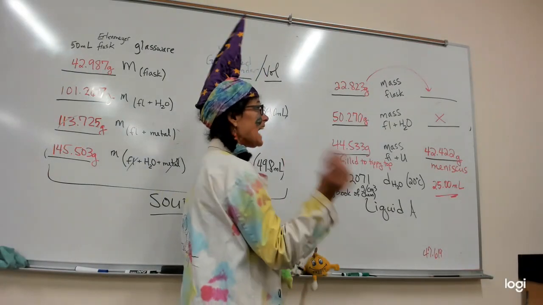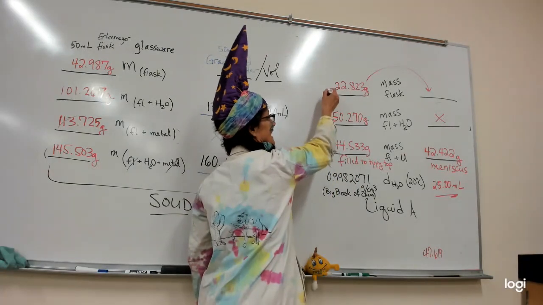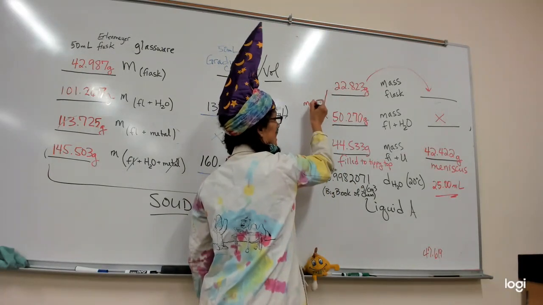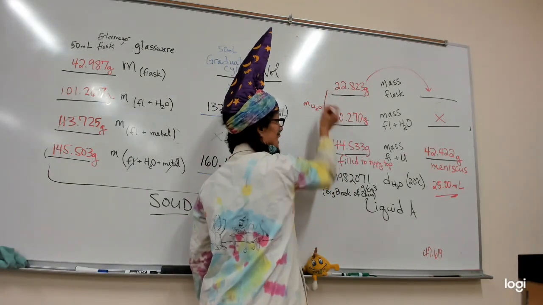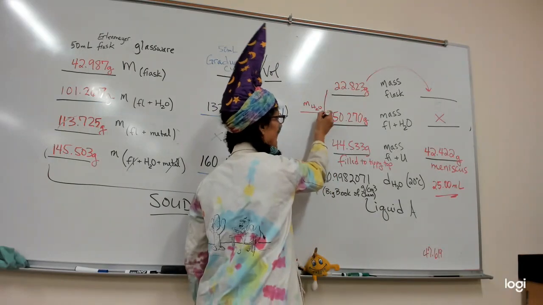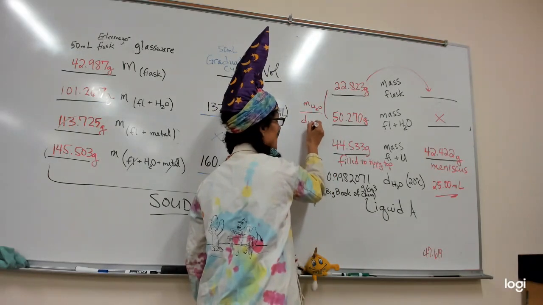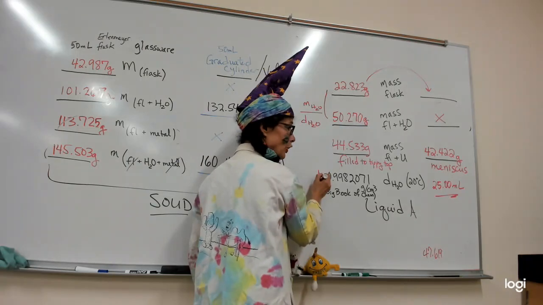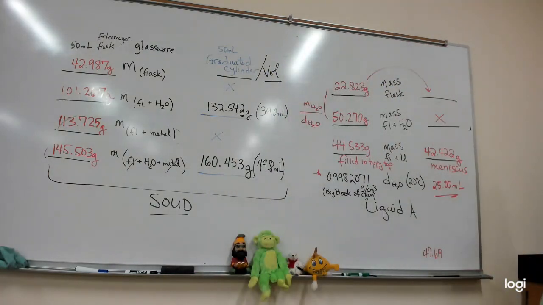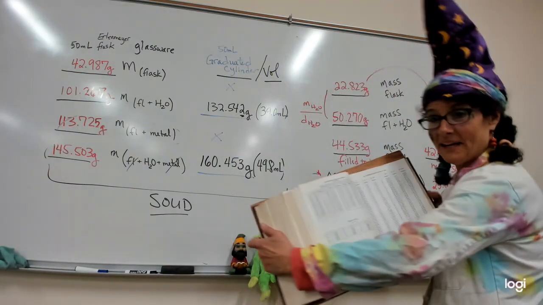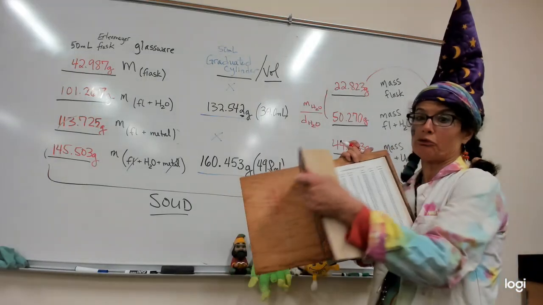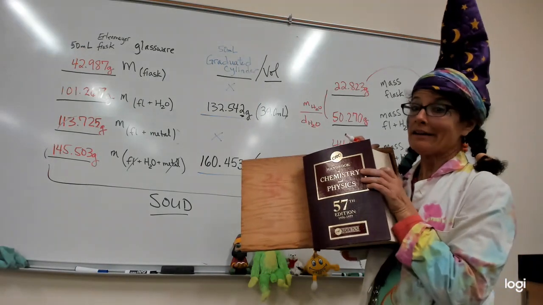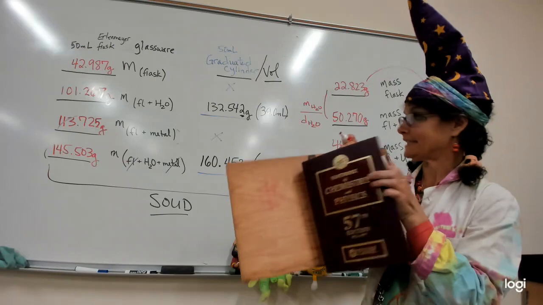So the idea here, if we find the mass of the water by subtraction and divide by the density of water, which we know from the big book of everything. It's a really big book. It's a big book of chemistry and physics.